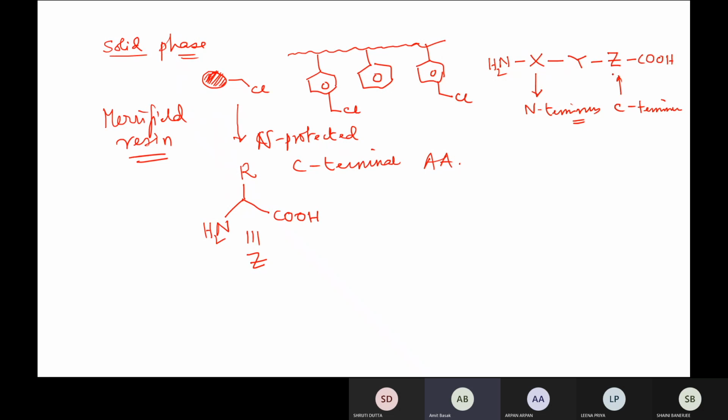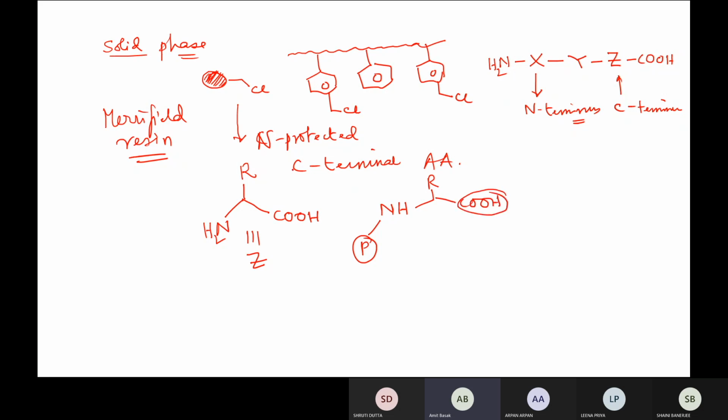You have to pick up the Z amino acid, which I am representing in this form, and protect the NH2 with some protecting group. And then attach the carboxy group.